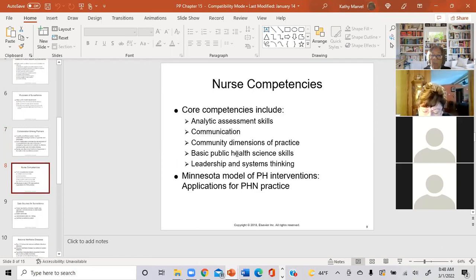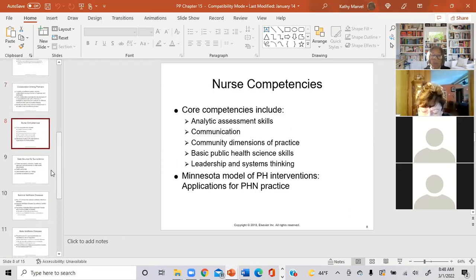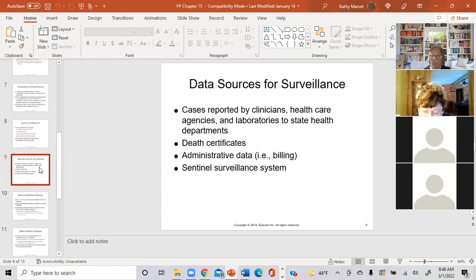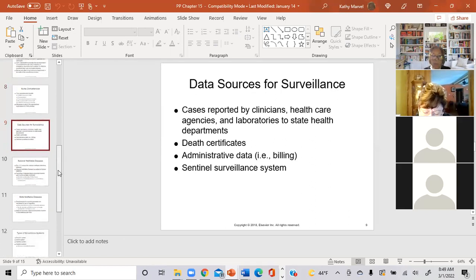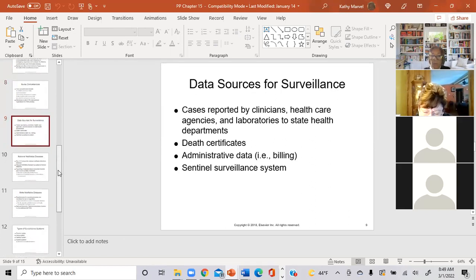Here's some nursing competencies in the surveillance process. You can read through those. They're on slide 9. Okay. What are some data sources for surveillance? That's what I want to focus on. Okay. How do we get our information?